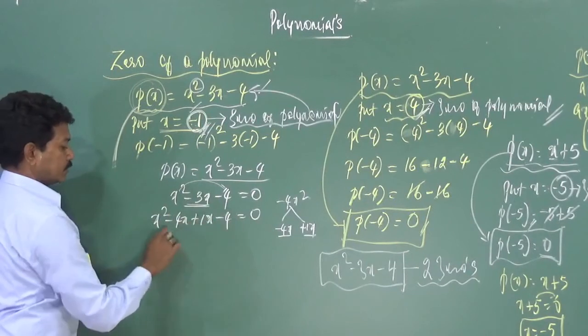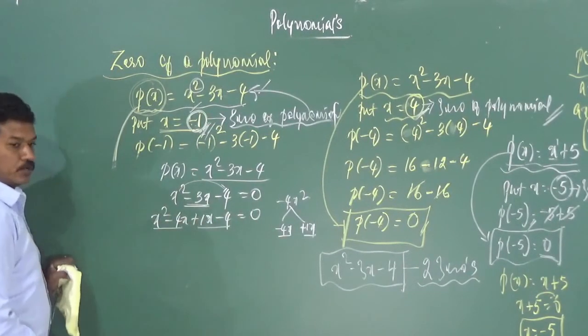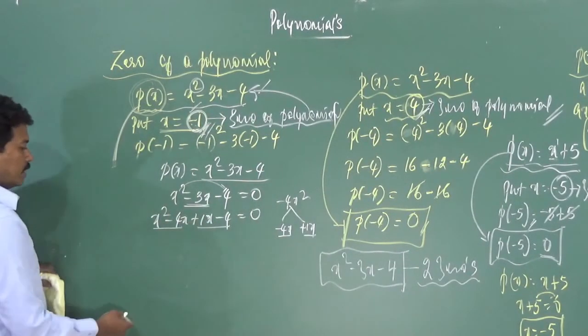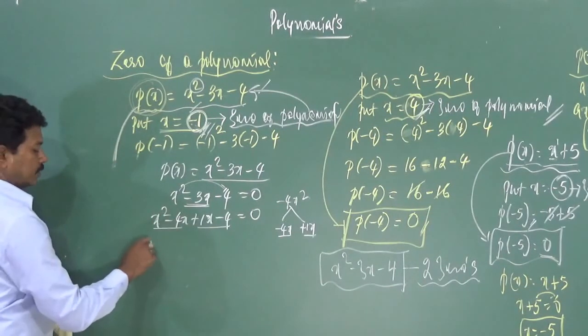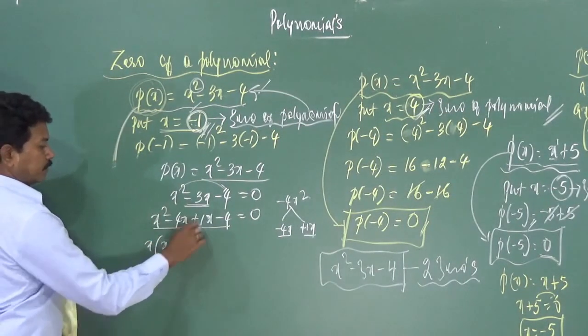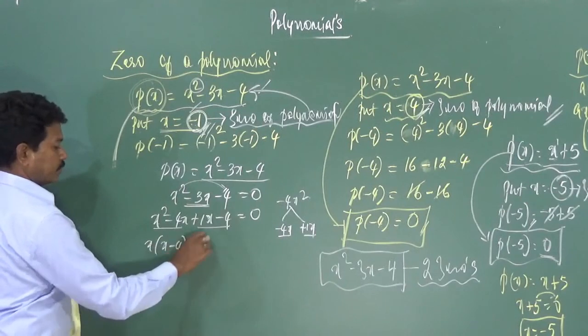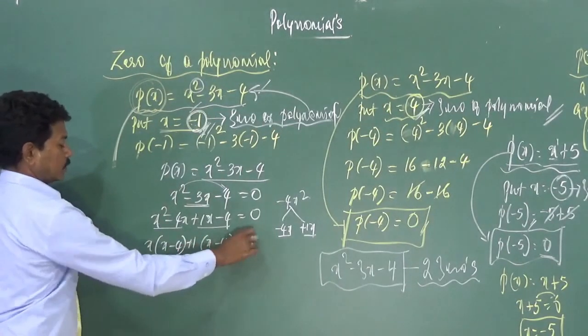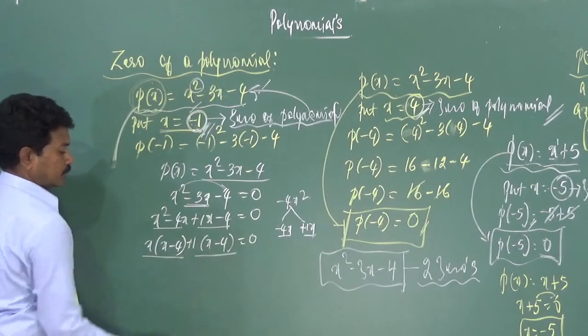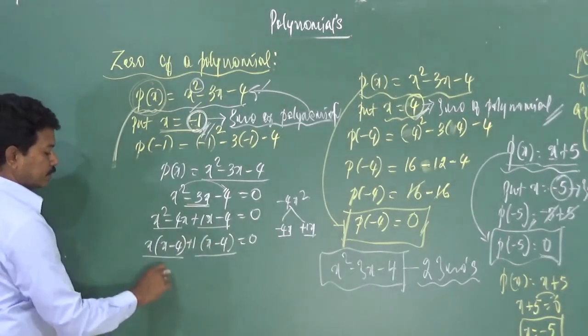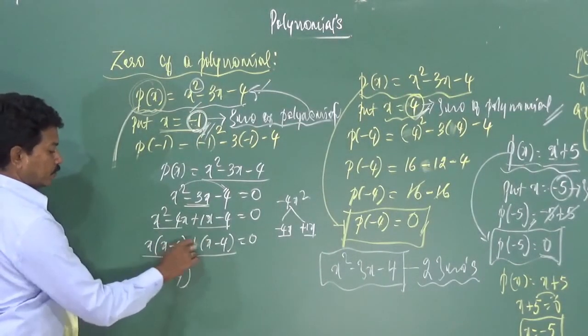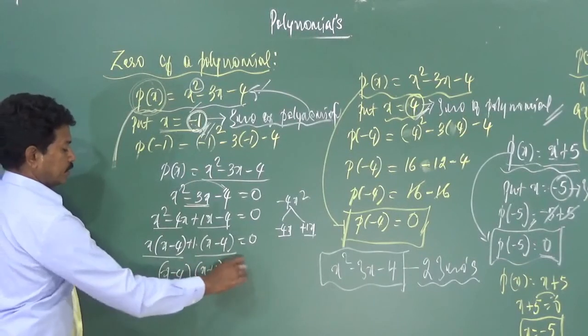There are 4 terms, so you can take a combination of 2 and 2 and select the common factor. Here we have x as common, so x into x minus 4, and here you can take 1 as common, plus 1 into x minus 4 is equal to 0. In these two terms you can take x minus 4 as common and you are left with x plus 1 is equal to 0.